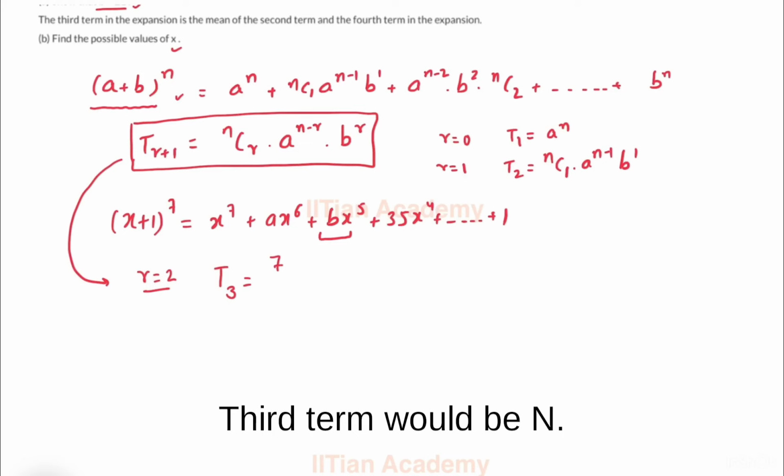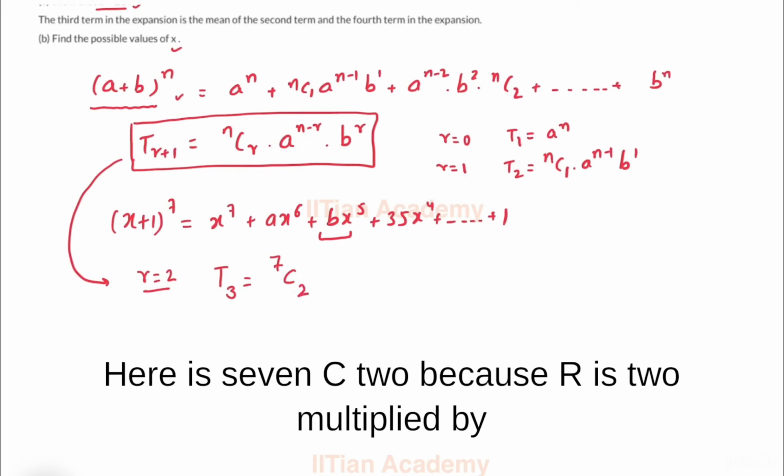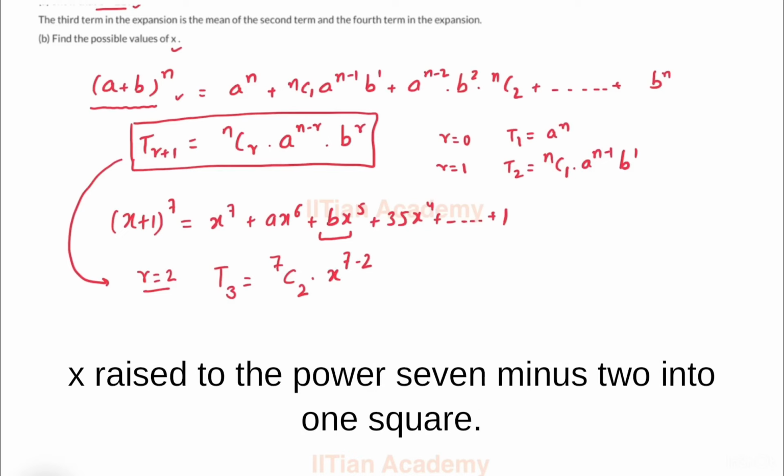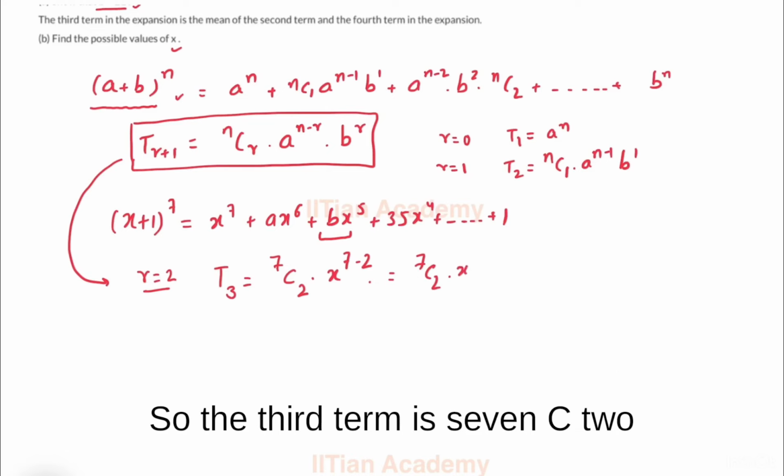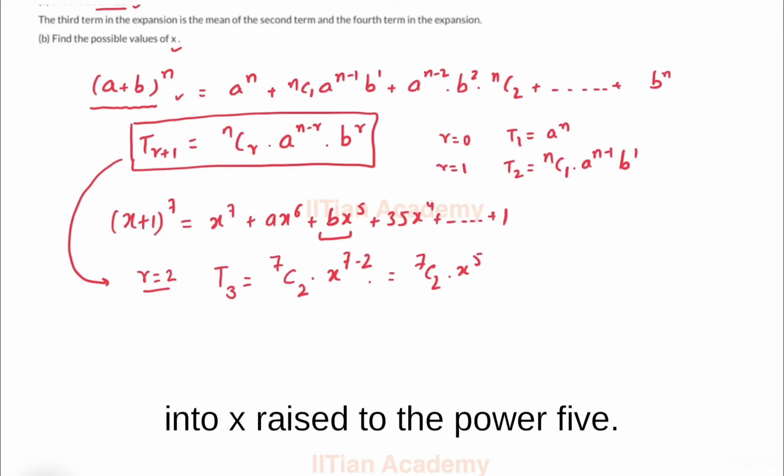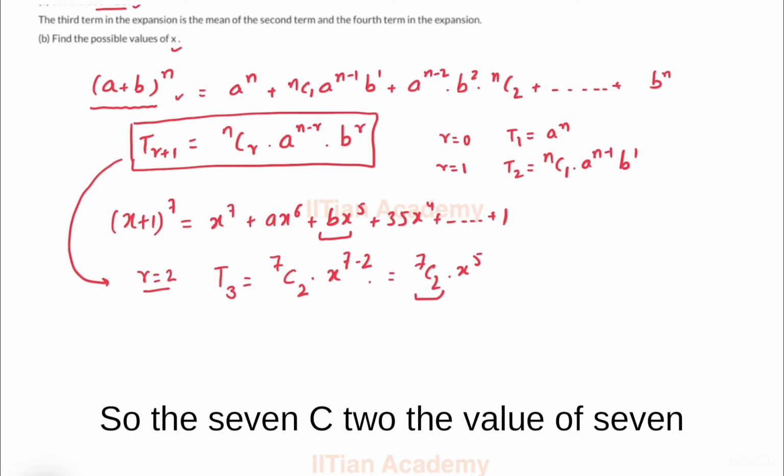Third term would be 7C2, because r is 2, multiplied by x^(7-2) into 1 squared. So the third term is 7C2 x^5.